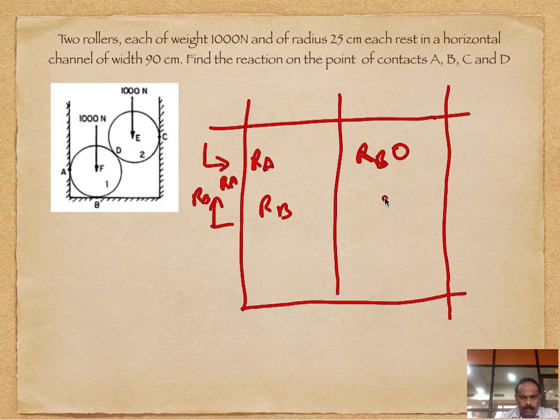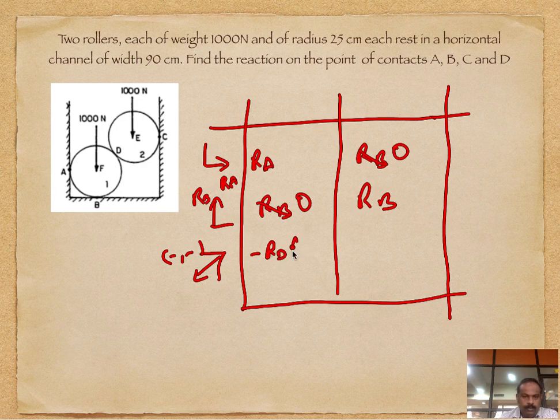RD has both components minus: minus RD cos theta, minus RD sin theta.